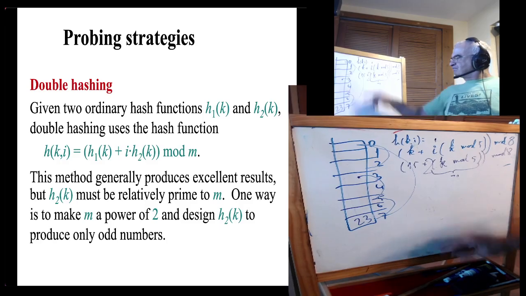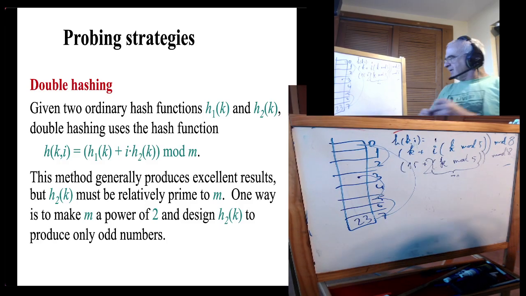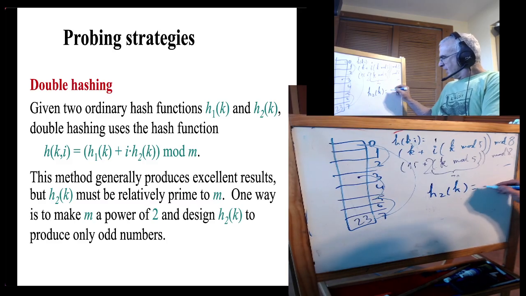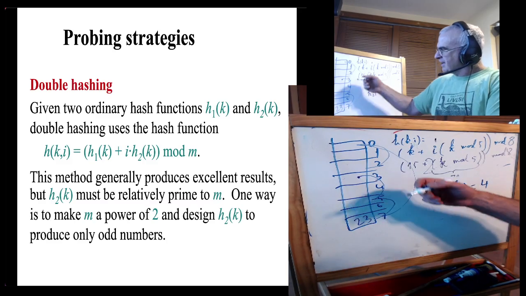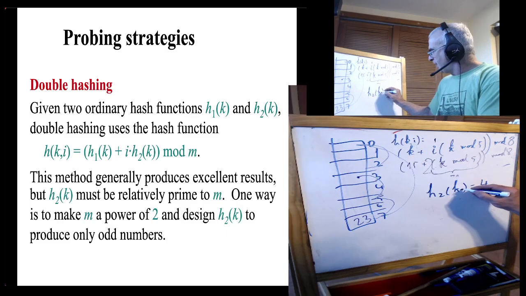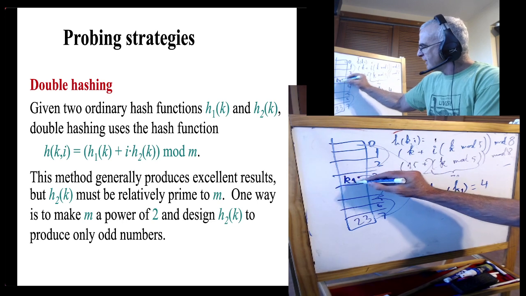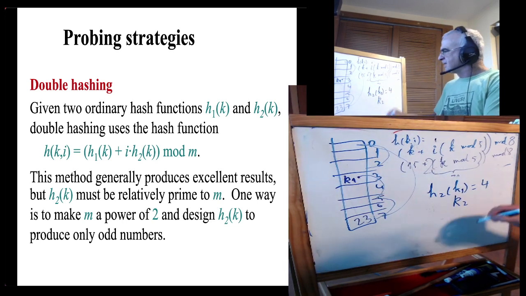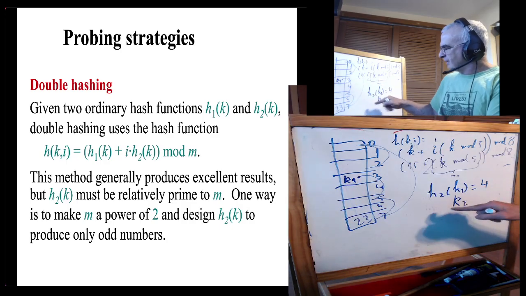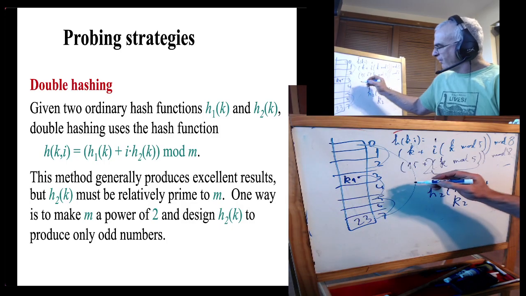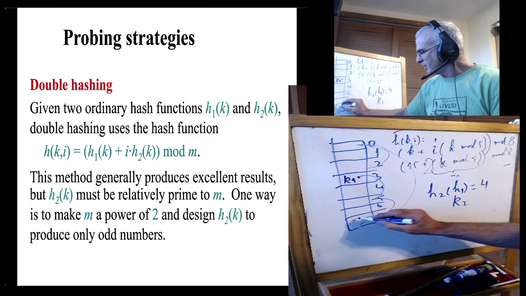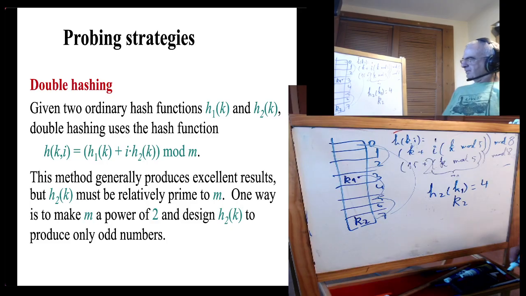If the table is of size 8, but h2 of k happens to be 4, then let's say that I'm inserting k1 right here. Let's take k2, some key that collides with k1. What do I do? I move 4 steps downward. So my next key, k2, will be right here.